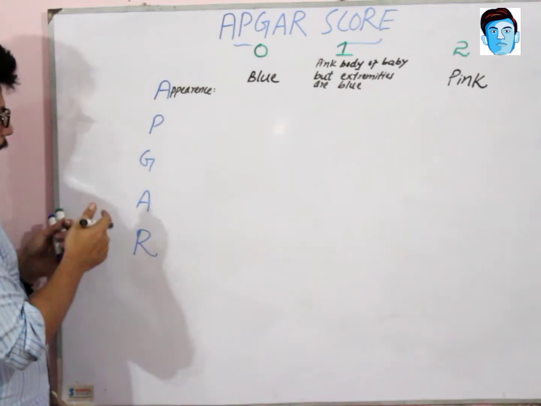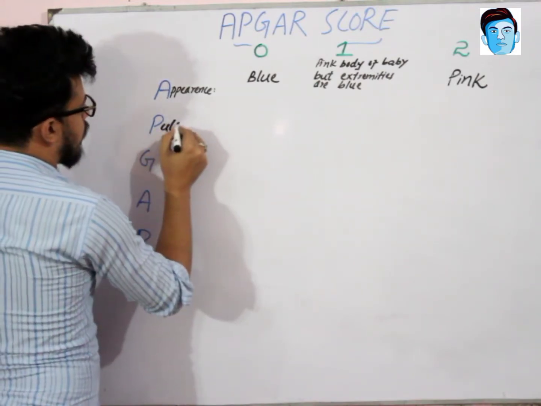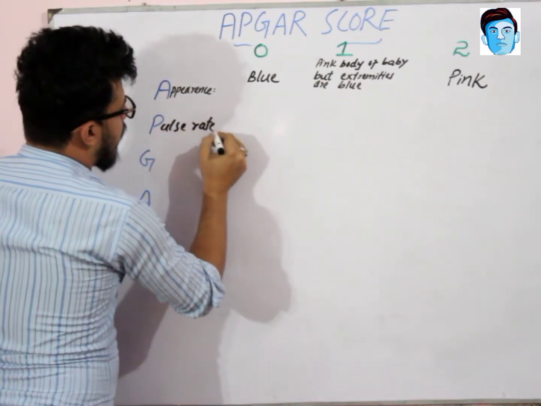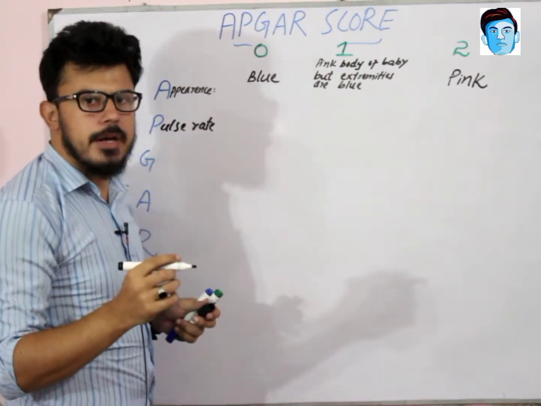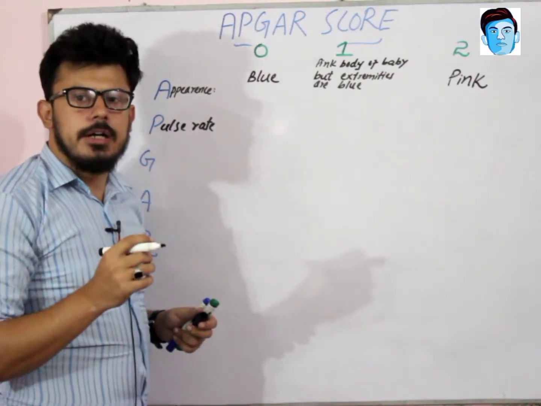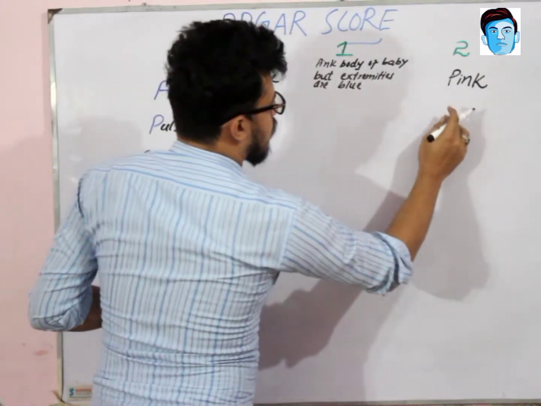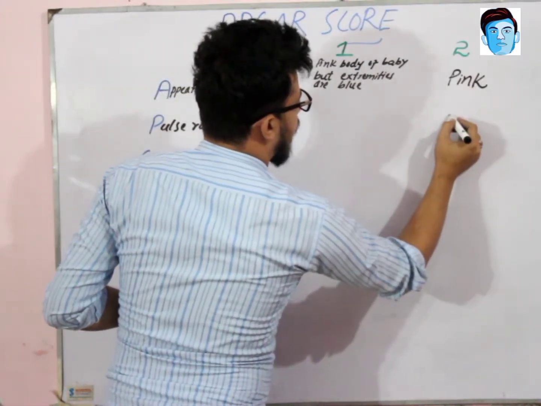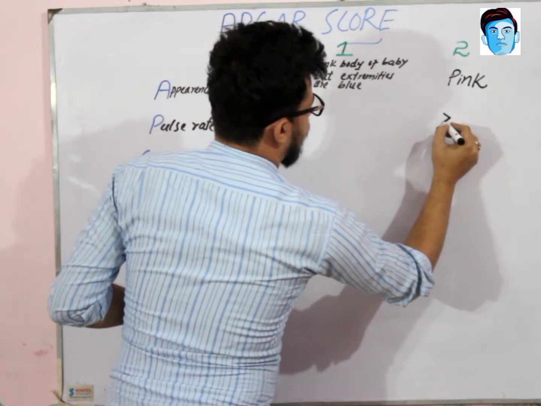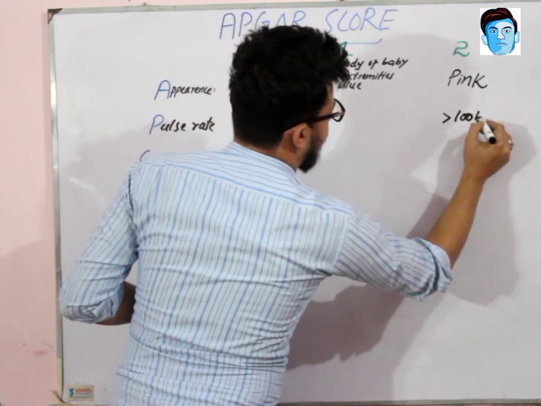So in P there is pulse rate. If the pulse rate is more than 100 beats per minute, it means the child's condition is best, so we will put a 2 here. So that is more than 100 beats per minute.